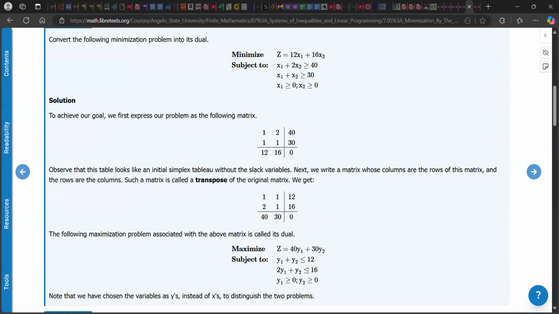The solution you get for the maximization problem is really the solution of the minimization problem. It's a miracle of arithmetic and matrices. I shouldn't use the word miracle. The mathematics.